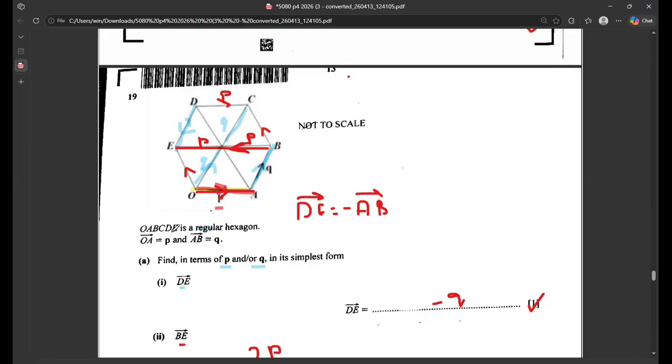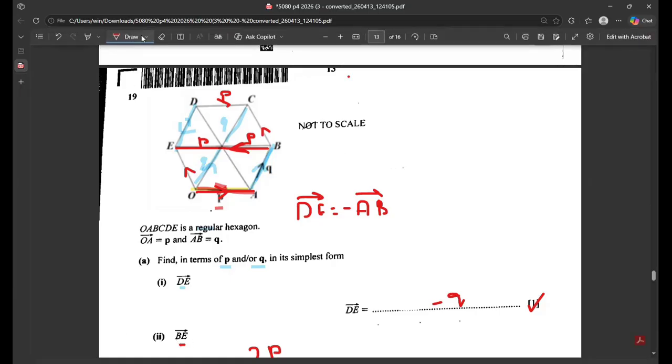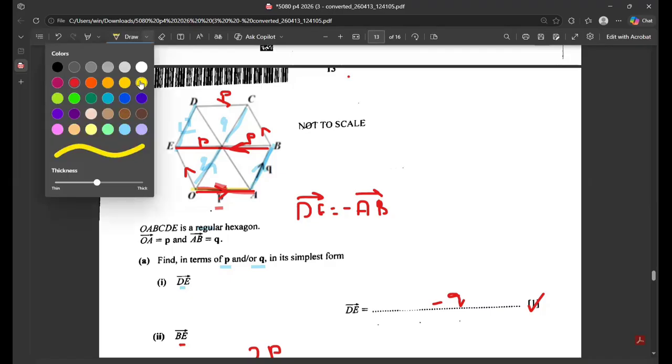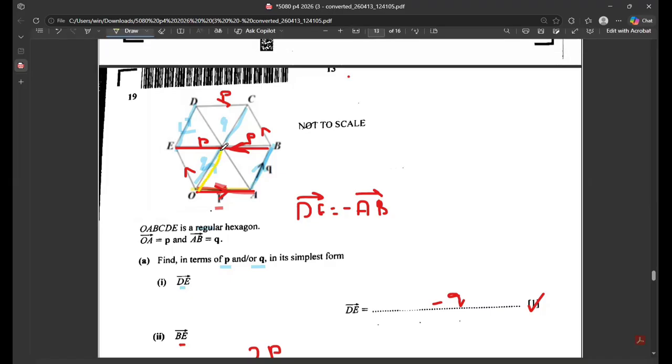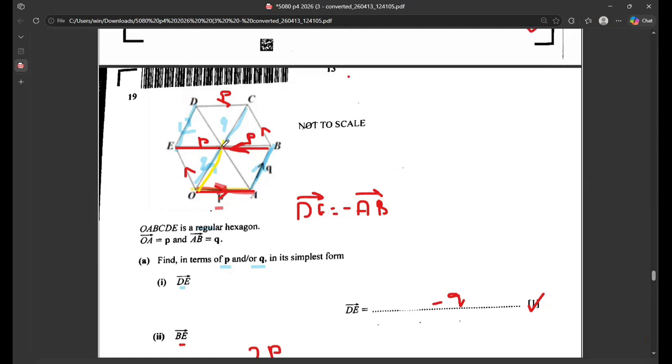Okay, so for example, we have to get this point. So we can say this is equal to OX plus XE.